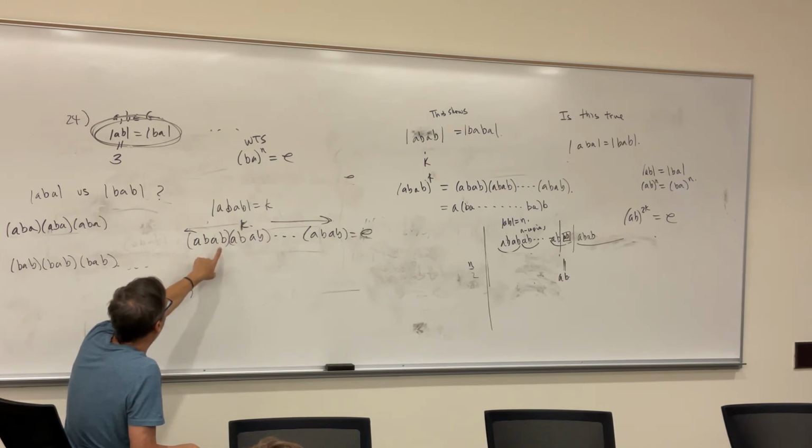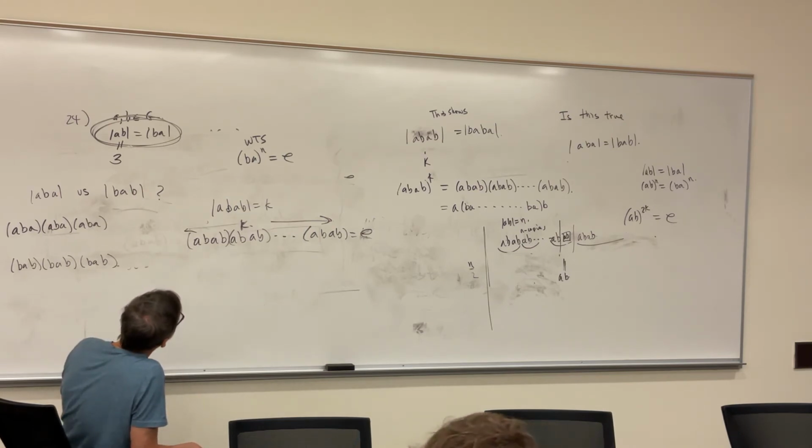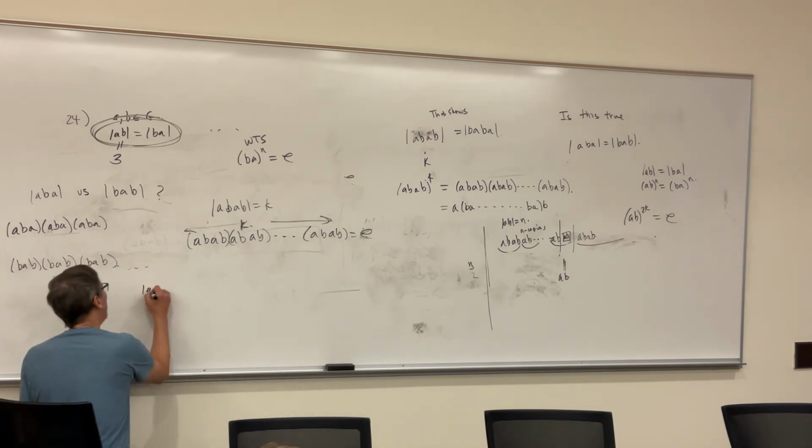So at this point now, if k is even, I've got 2 copies. Wait. So this is probably true.